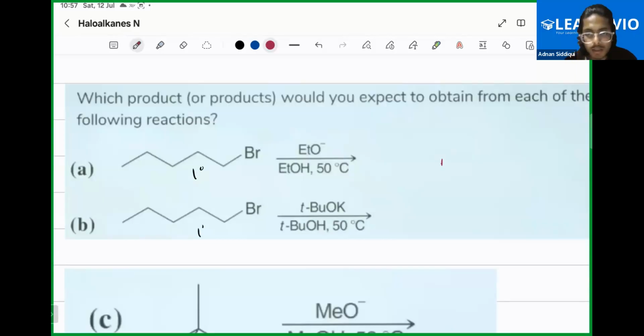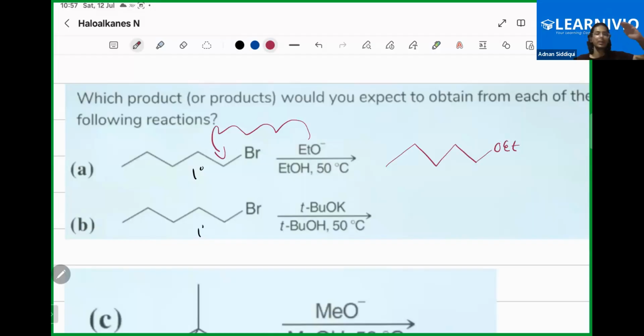See, if you are a slim guy, I told you previously, if you are very slim, you are able to attack from the backside. If you are very small, you will simply go and attack from the backside, leading to substitution. But if you are very bulky, then you won't be able to attack from the backside because you won't be able to fit there.